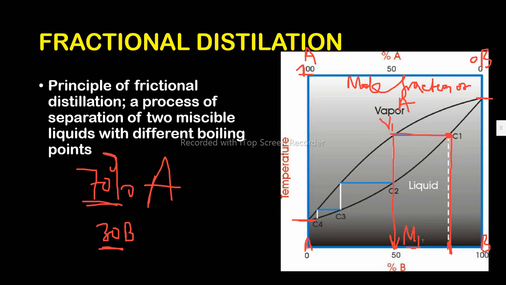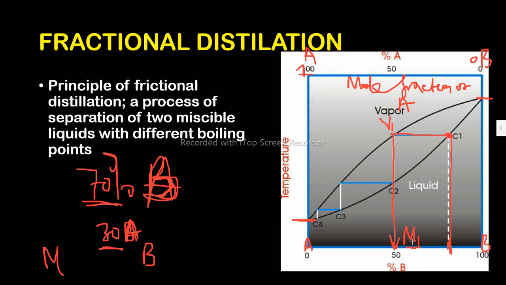You can see that this liquid mixture M1 has a composition that is now rich in B. Is it rich in B? So if this was pure A, then this is 100% B. Then it was a mistake. Let's make this one B, and then we make this one A.